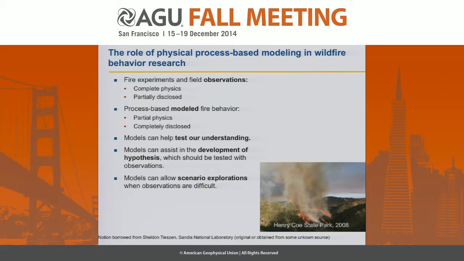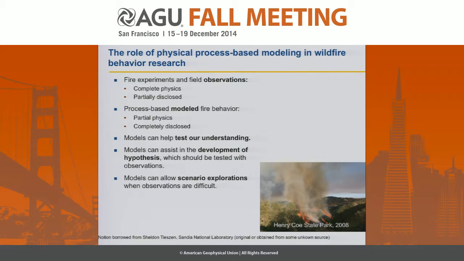So this is a really important idea that was put out by a friend of mine, the late Sheldon Thiessen from Sandia National Labs, and he said something about modeling in general. He said, observations or experiments are complete physics, but they're only partially disclosed. We only know part of what's going on there, even though it's the real physics.